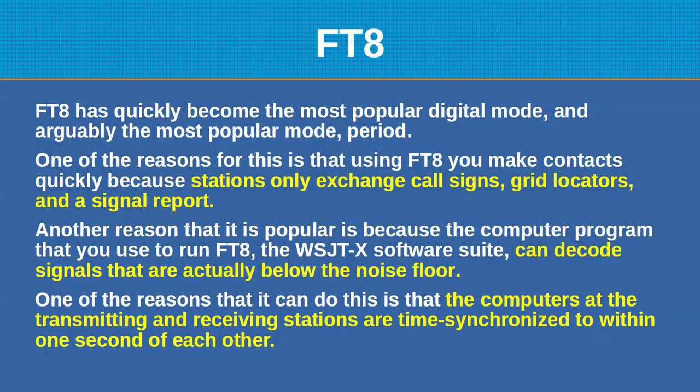It isn't nearly as sensitive. In other words, you can't pick signals out of the noise like you can with FT8. FT8 is capable of decoding signals as much as 24 dB below the noise level, which is absolutely amazing. You can't hear the signal and it can decode it.